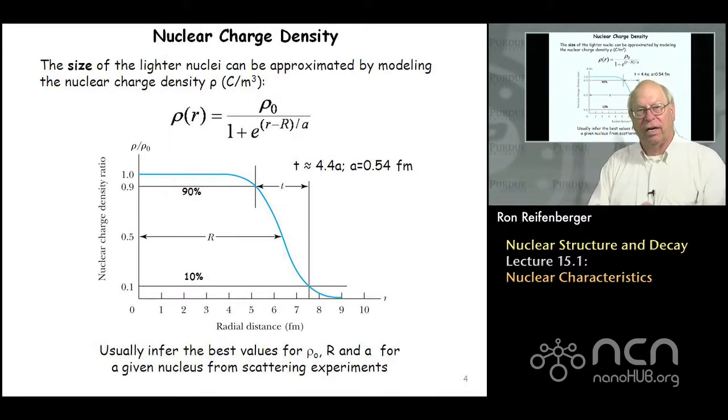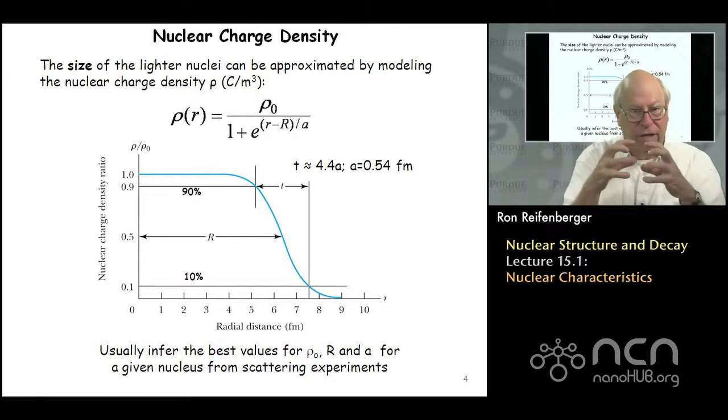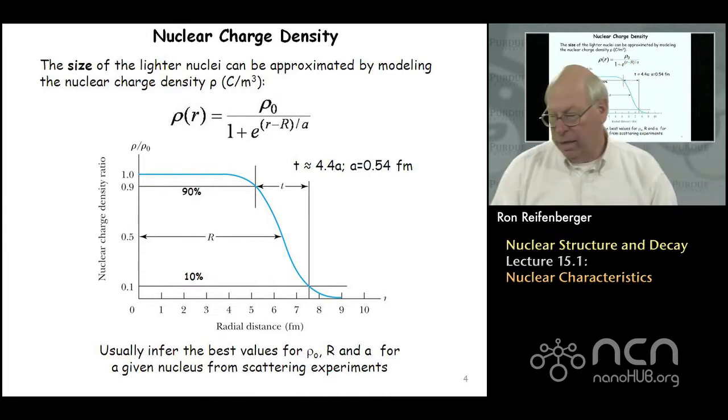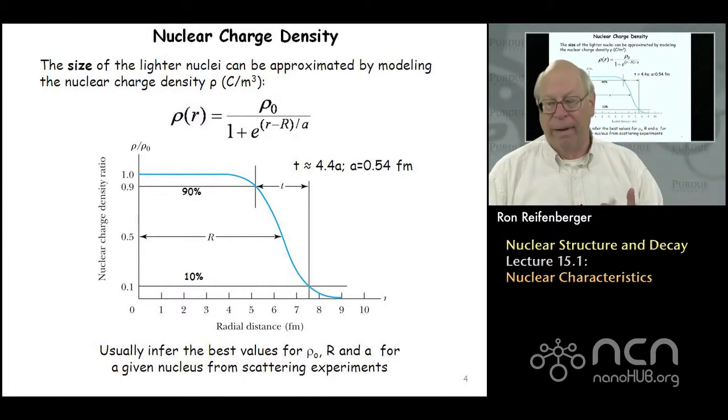That's a characteristic, of course, of the nuclear material, and it's the characteristic that Rutherford scattering experiments unveiled back in 1911, that everything is very small and very compact. So that's just a brief word about the nuclear charge density.